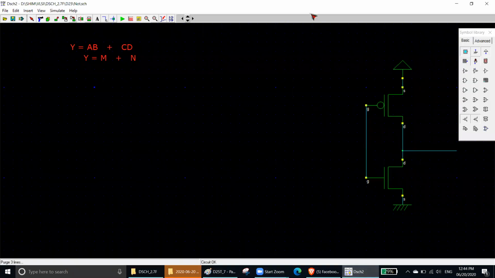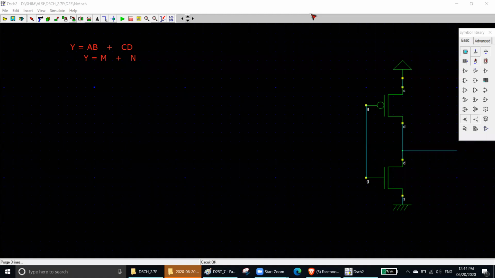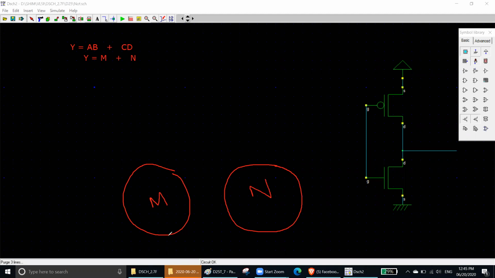So let's write. Parallel means this part is your NMOS. So this is your M. This is your N. They are parallel. Parallel means they should be connected like this. And here you will have your ground.